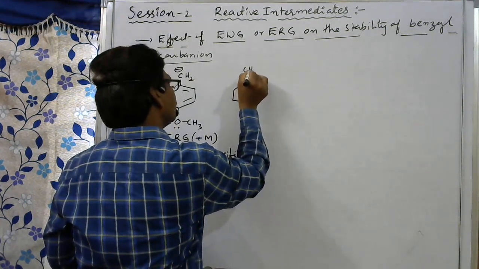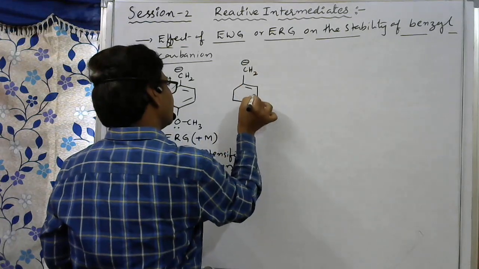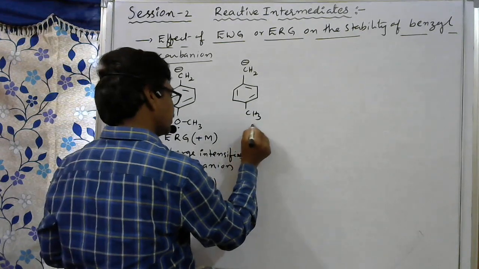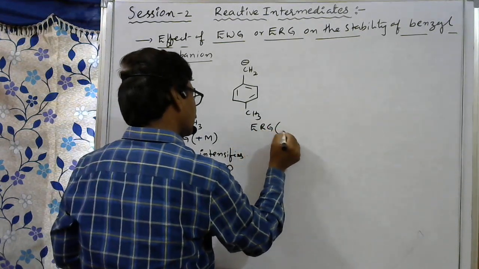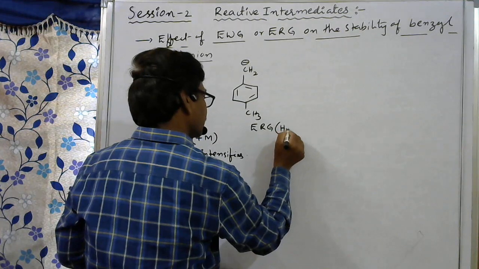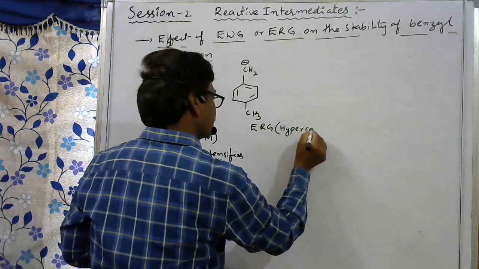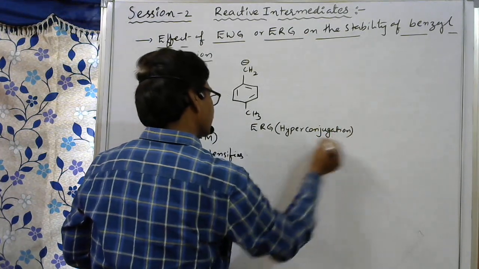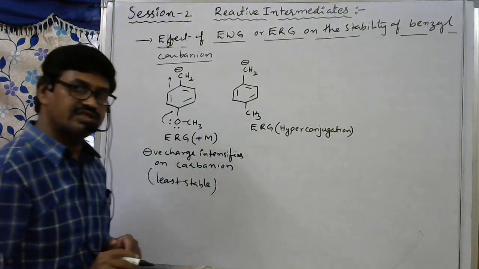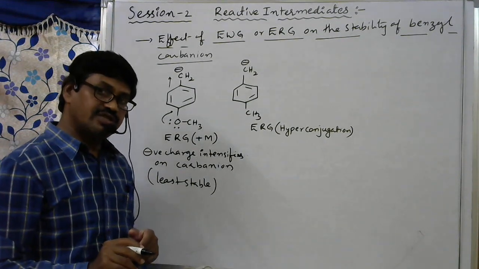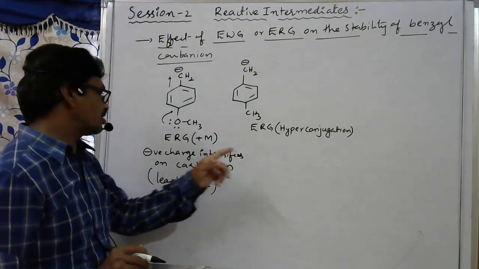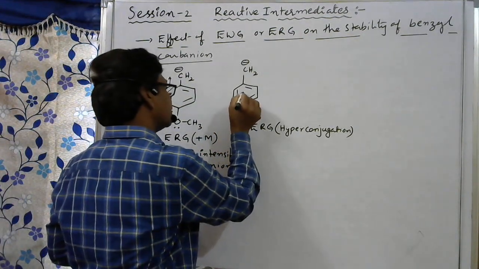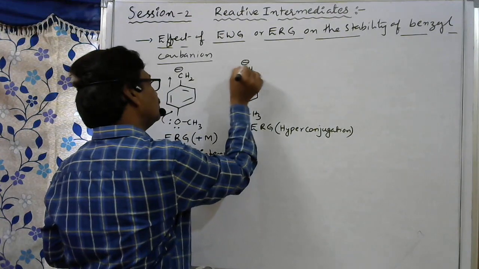Then I am writing one more. Here CH2 minus, same thing, but here I am writing a methyl group. The methyl group is also an ERG, but due to what? Hyperconjugation. But the hyperconjugation effect, you know, is not that strong, so it is weaker compared to plus M. Here also electrons are moving towards the ring, the ring is activated, and through the ring electrons move to the carbon.